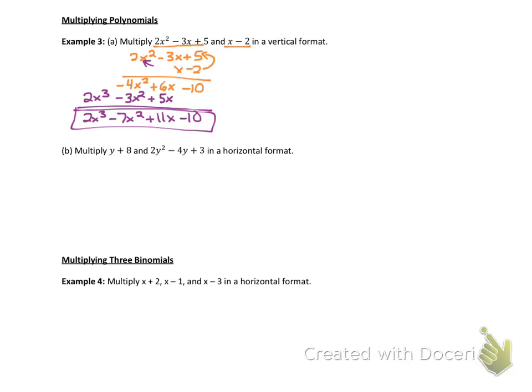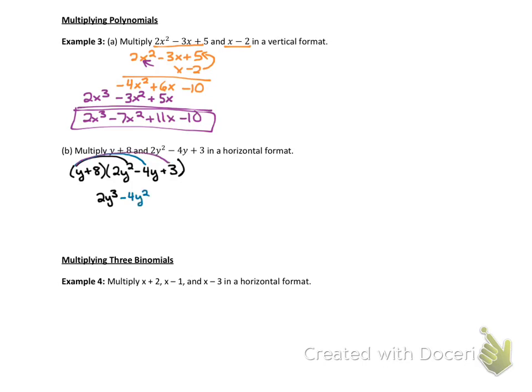Now, what we're doing horizontally is what I'm used to showing you, it's what we normally do. So we have y plus 8 times 2y squared minus 4y plus 3. And we're double distributing. So we have y times 2y squared gives us 2y cubed. Y times negative 4y gives us negative 4y squared.